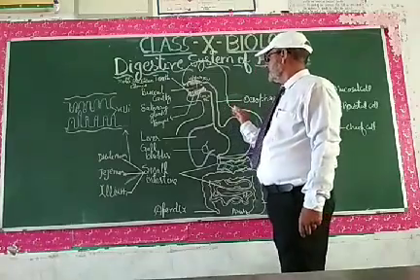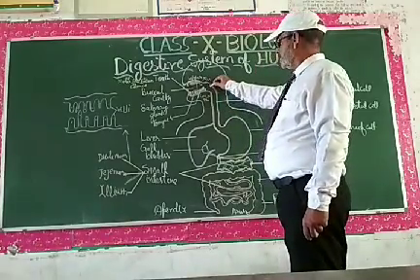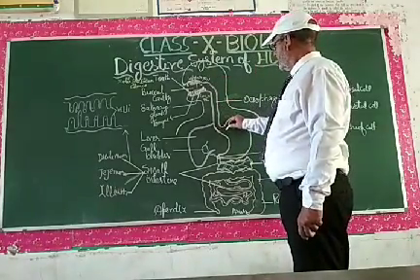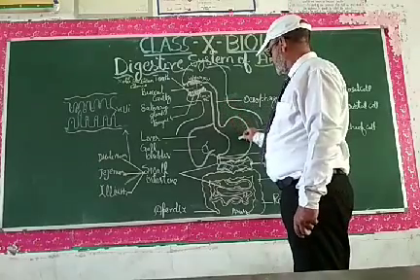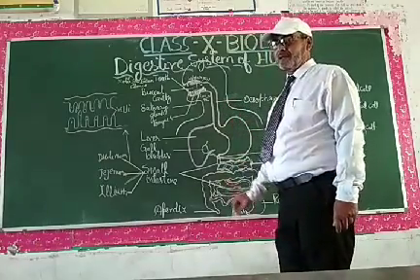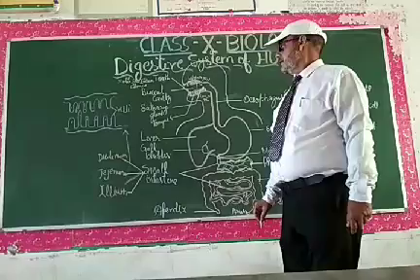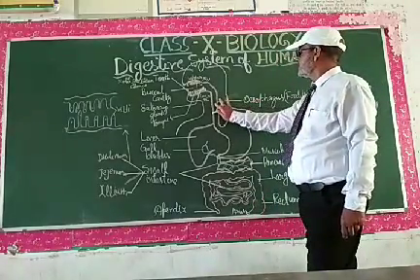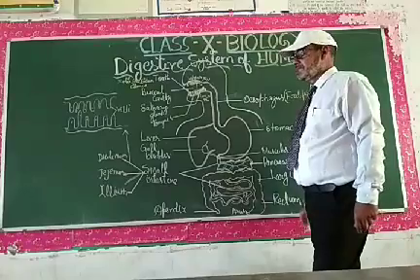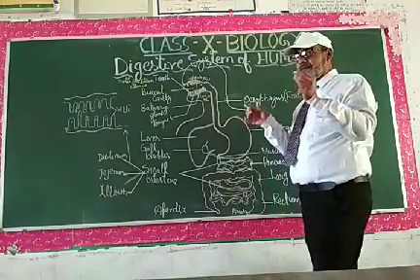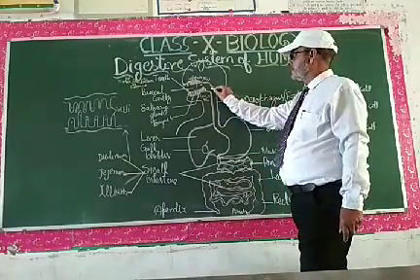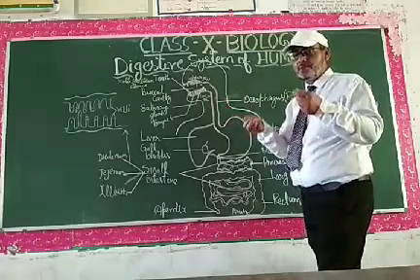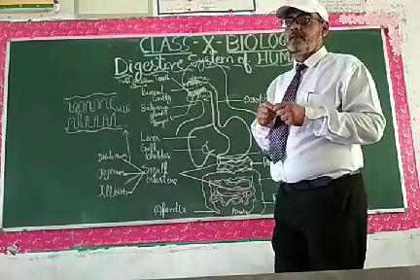So this peristaltic movement starts from the buccal cavity, leading to the esophagus, stomach, small intestine and large intestine. This esophagus is a passage for food transfer, and it is connected with the beginning of the mouth cavity.